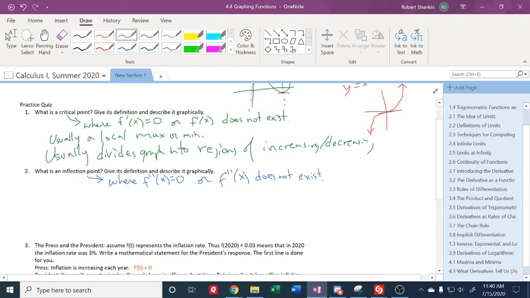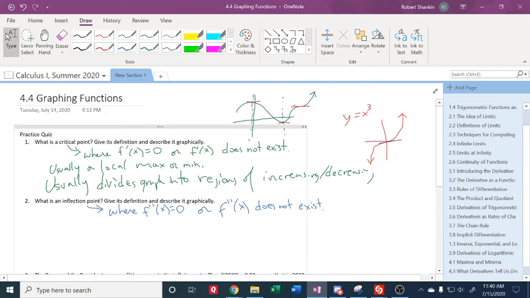All right, now, describe inflection points graphically. If we went back up over here, the inflection points tend to be halfway.